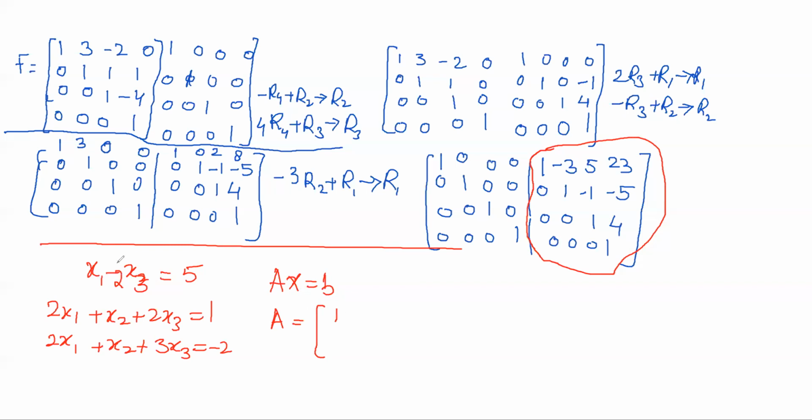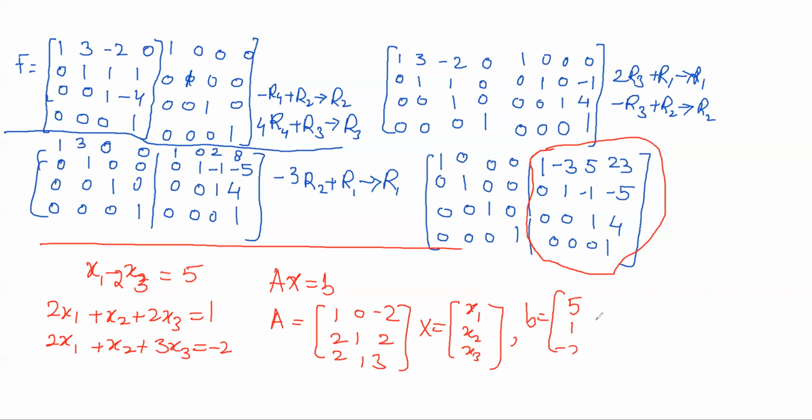So it will be 1, 0, minus 2, then 2, 1, 2, and then 2, 1, 3. And x will be a vector x1, x2, x3. And B will be the right hand side: 5, 1, minus 2.